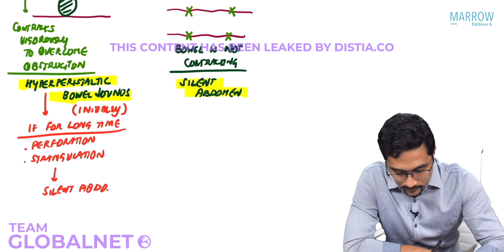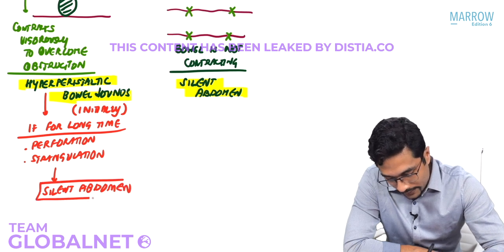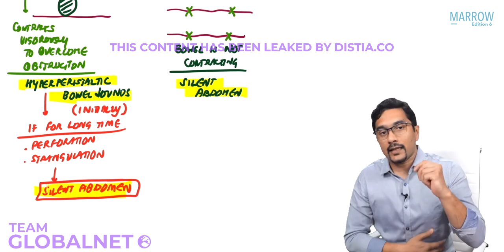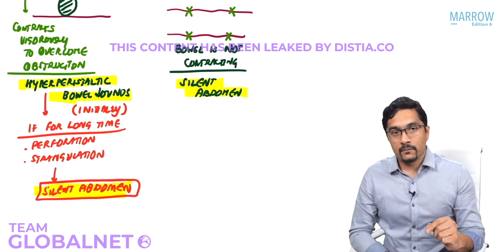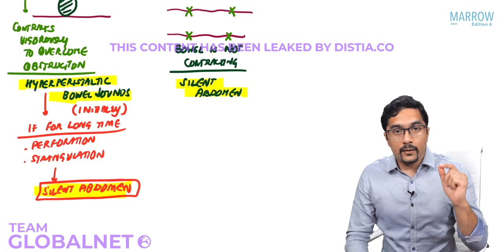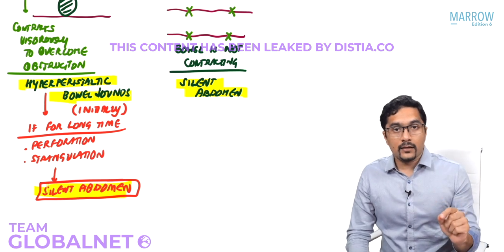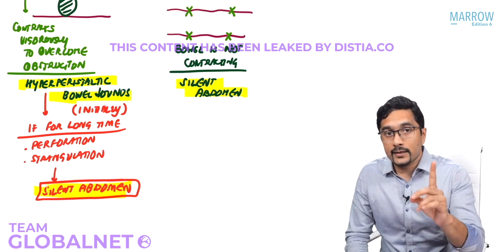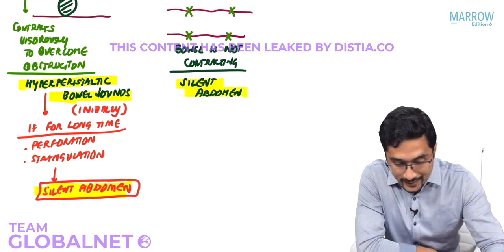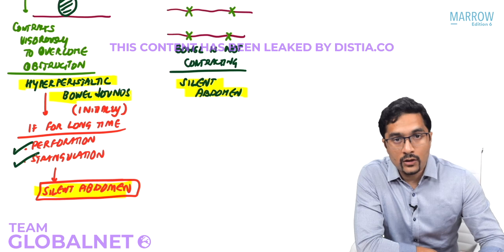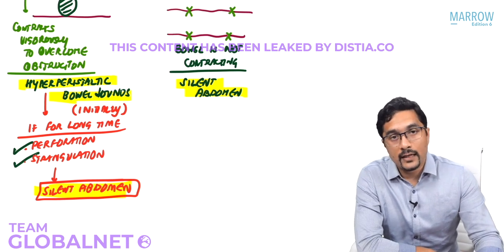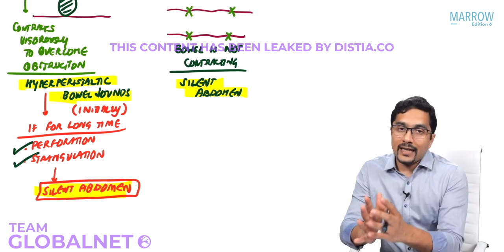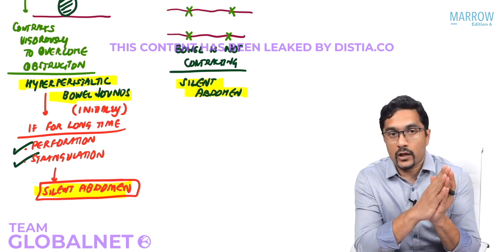So another statement which I want you to remember for the exam, is that initially there are hyperperistaltic sounds in dynamic obstruction, but a silent abdomen in dynamic obstruction is an ominous sign because it suggests that either a perforation or a strangulation of the bowel has developed. So these are the key differences between dynamic and adynamic bowel obstruction.